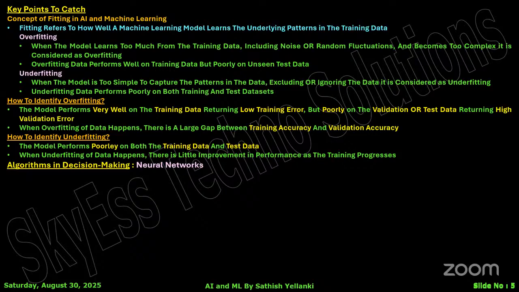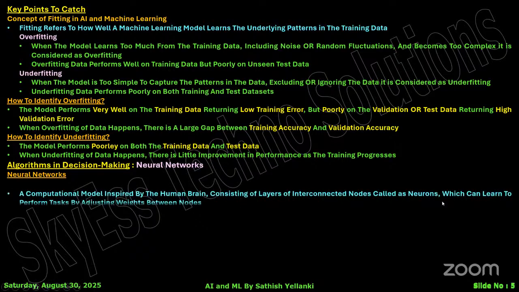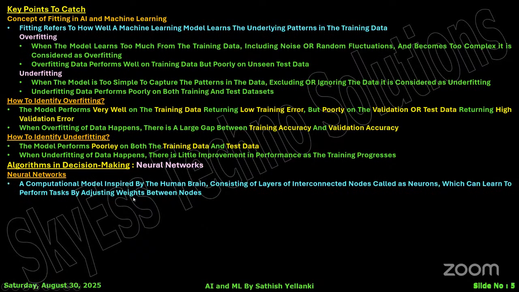Without your knowledge, multiple levels of decisions are happening, and they are interconnected, and finally you come to one conclusion, yes or no. Neural networks is a decision-making algorithmic process very near to the human brain, a computational model consisting of layers of interconnected nodes, called neurons, which can learn to perform tasks by adjusting weights between the nodes.